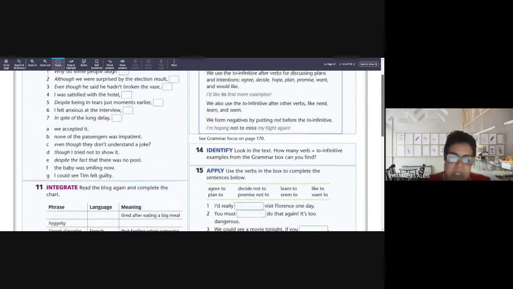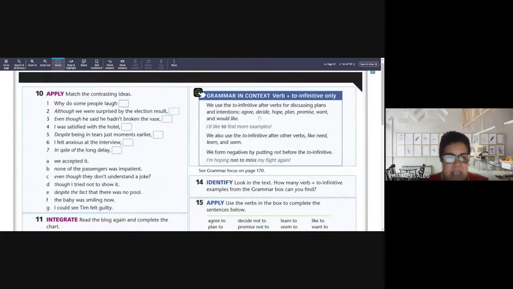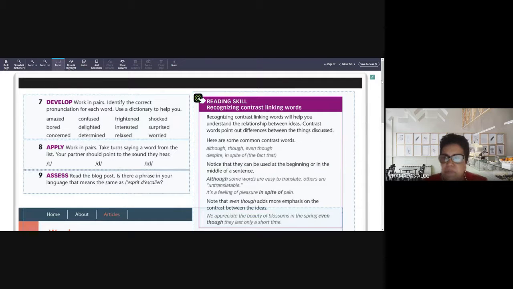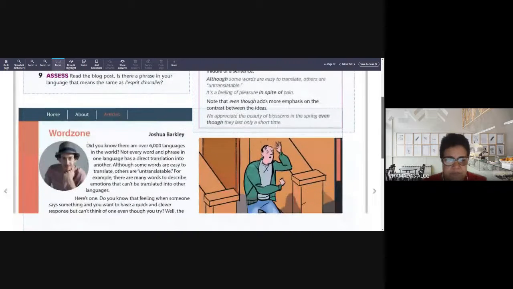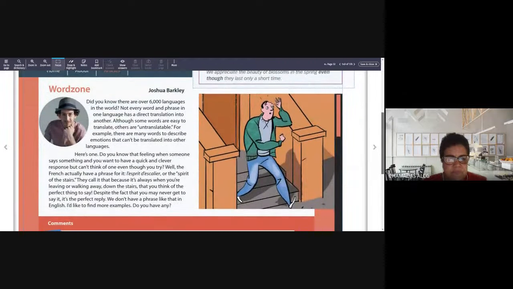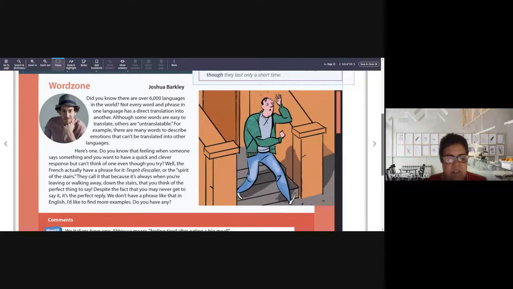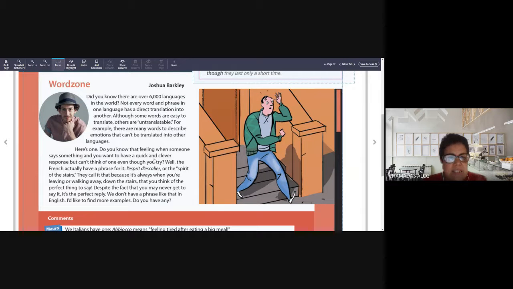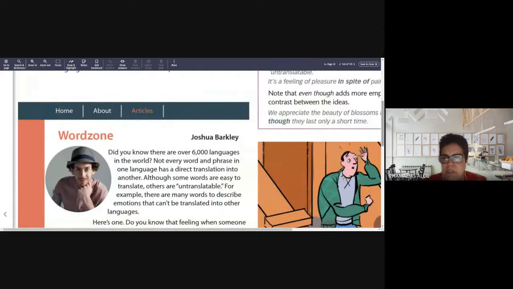Of course, the text is on the previous page. So let's take a look there. Let me just zoom in.